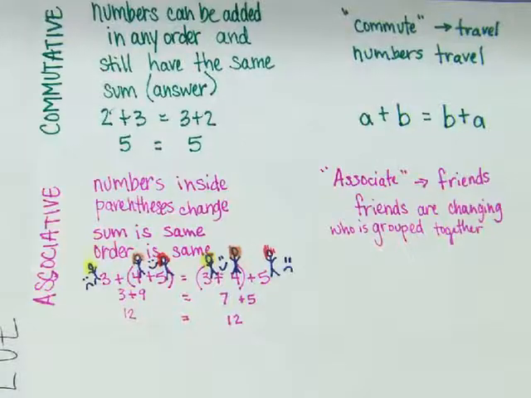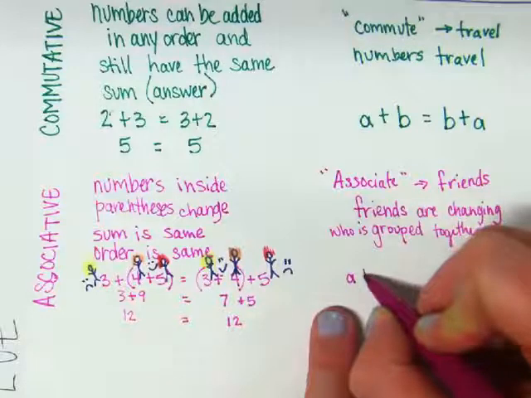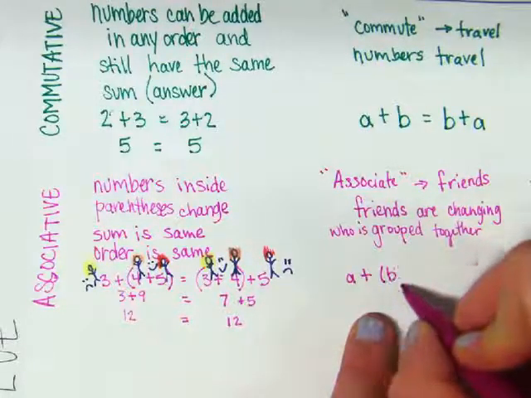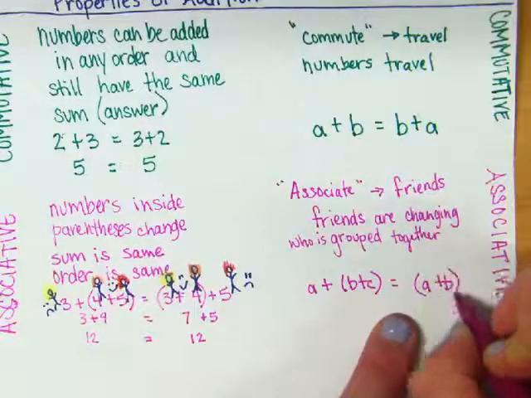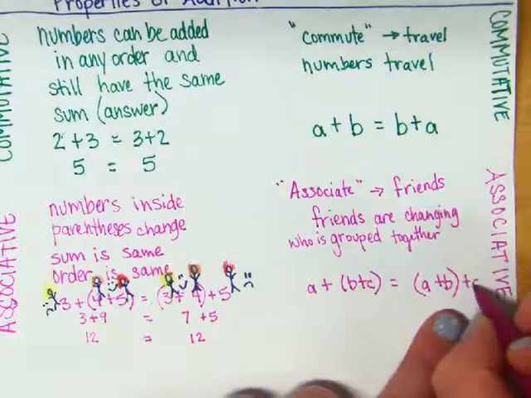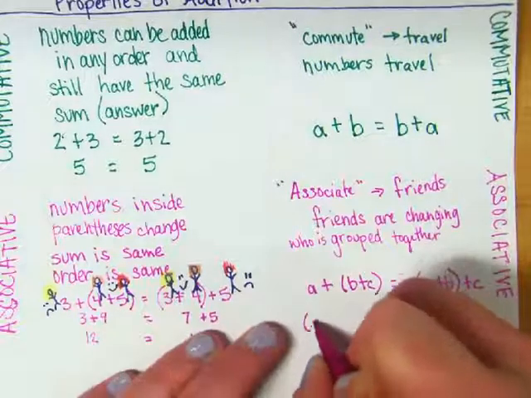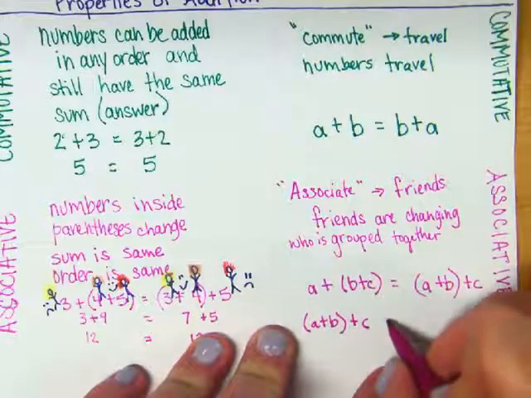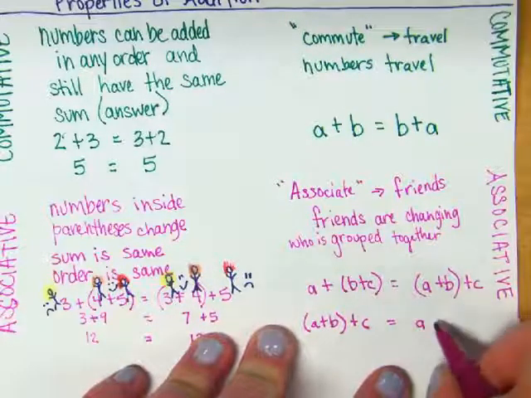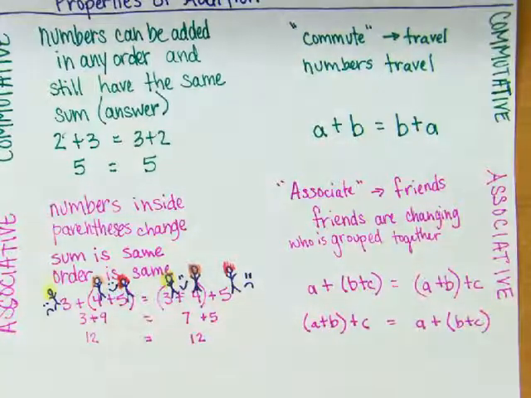That occasionally changes. So if we were using variables, what that would look like would be a plus b and c in the parentheses, then a plus b in parentheses plus the c. It could look like that. It could also look like this. It could go that direction.